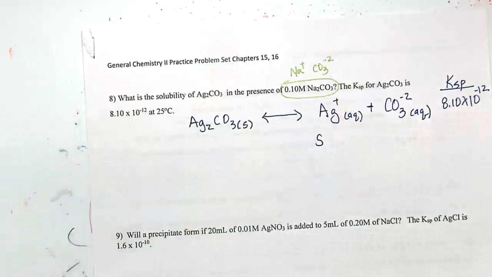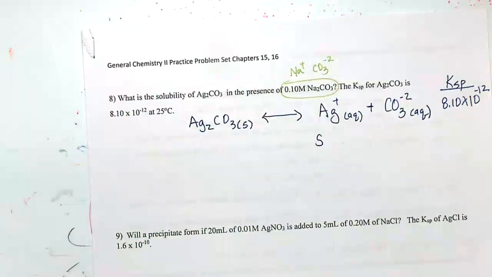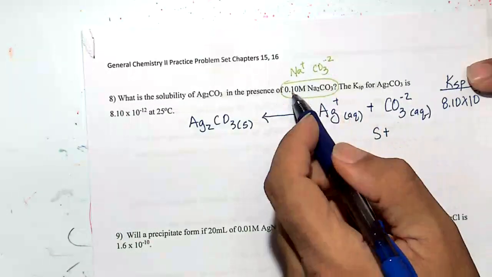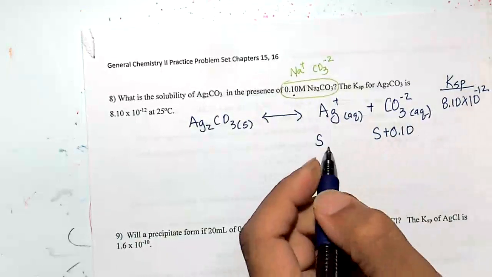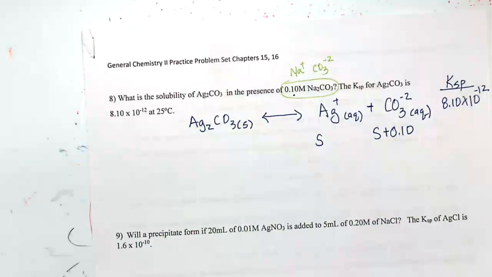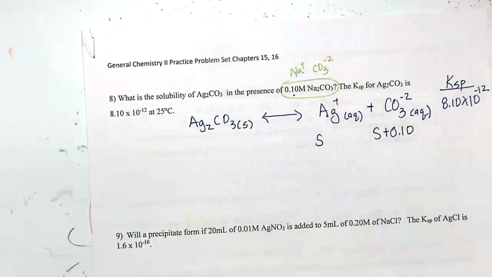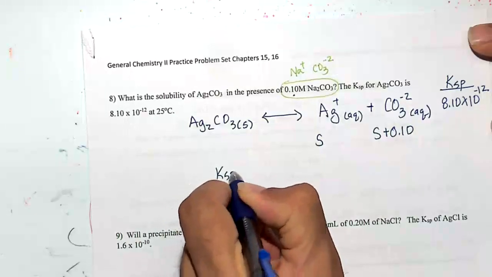So some of the Ag2CO3 will go back to give us 2S Ag+ and S CO3 2-, plus what else? The common ion. So what's the common ion here? CO3 2-. So we'll plug that into our KSP.